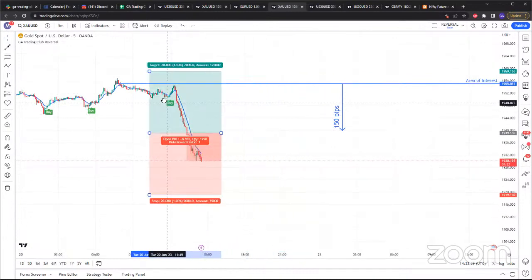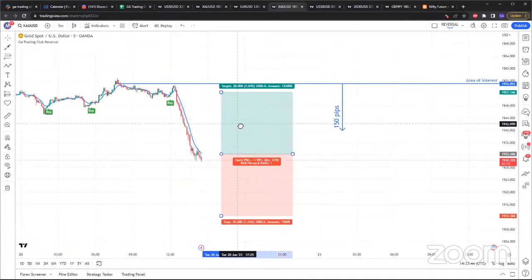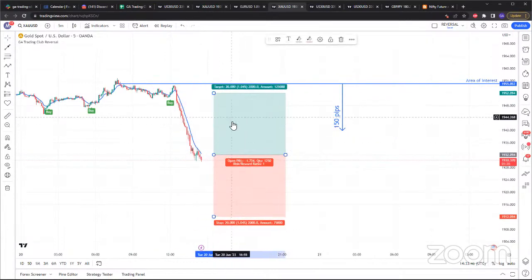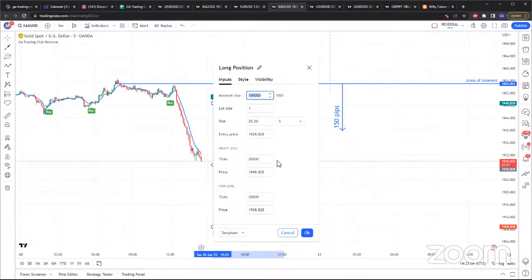For comparison, gold has trended down for like a $20 move here. So if you get that trade at 2 p.m. or 3 p.m. and you don't have time to look for the trade later in the night, go ahead and use a 200 pip TP and stop loss. You should be safe enough, hopefully. So that's two ways to go about trading that range of time, if you still do want to trade.